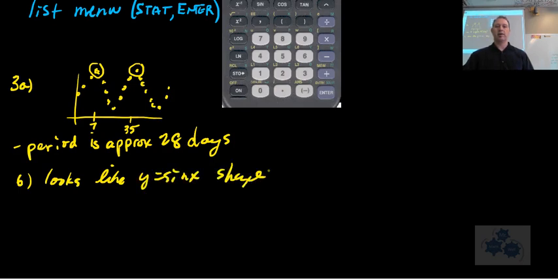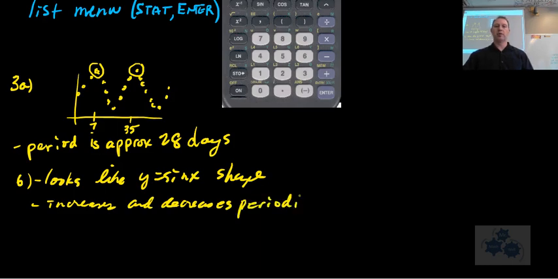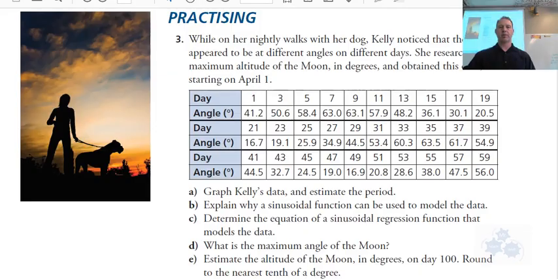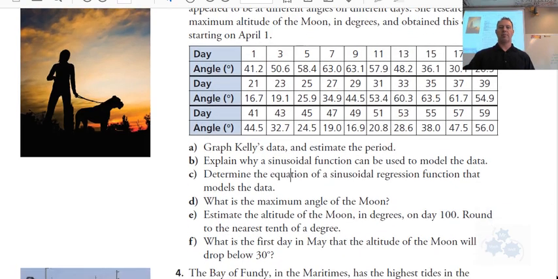It increases and decreases periodically. Those are some words that we used to describe the sine and cosine graph, a periodic function. So anything like that you would put for B. You could go further than that, but that's all we'll do for now.